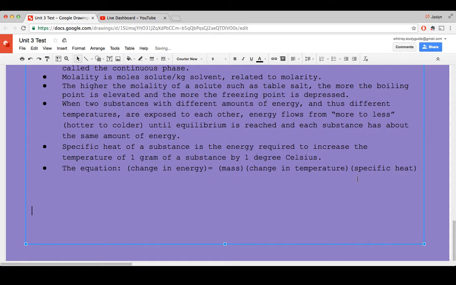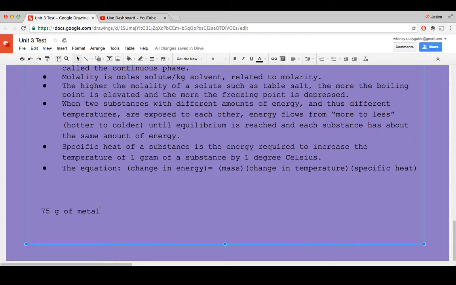So you can find the specific heat of a metal given that you have 75 grams of metal.